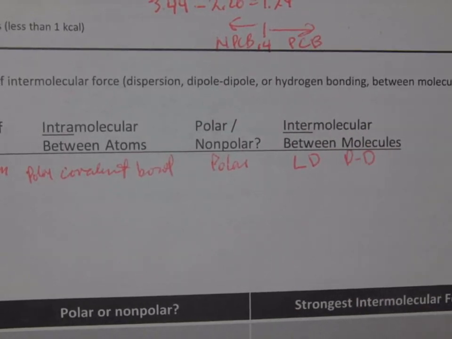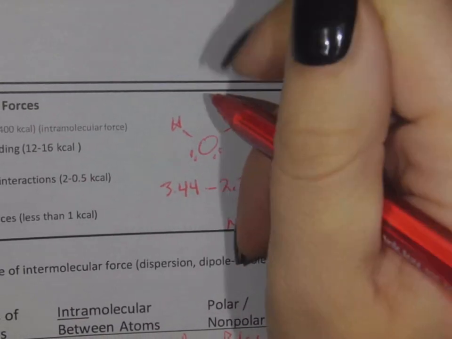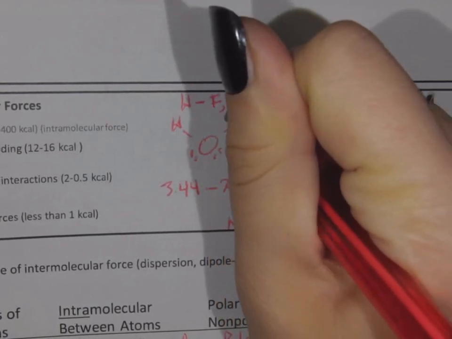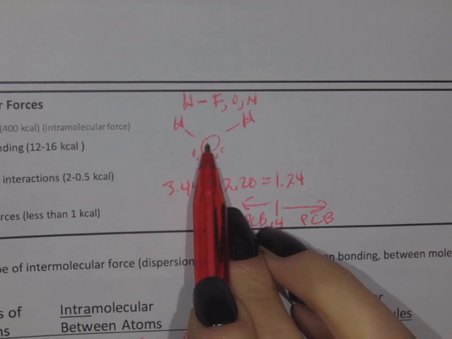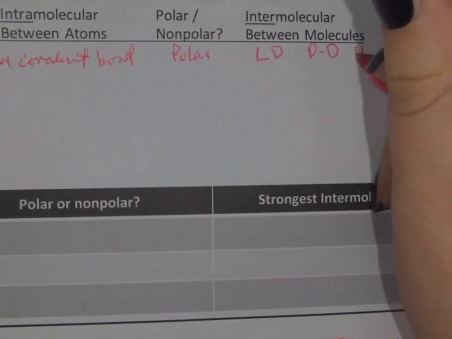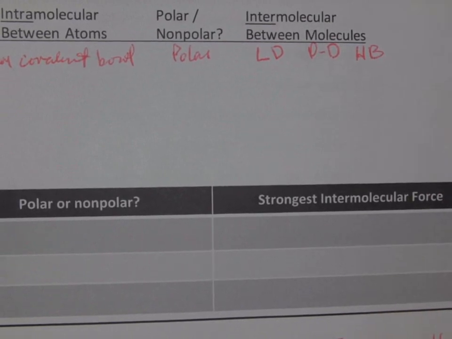And then hydrogen bonding occurs when there's a hydrogen inside the molecule and it's bonded to fluorine, oxygen, or nitrogen. There is a hydrogen bonded to an oxygen, so we also get hydrogen bonding. So between water molecules, we experience all 3 IMFs. All right, next one.